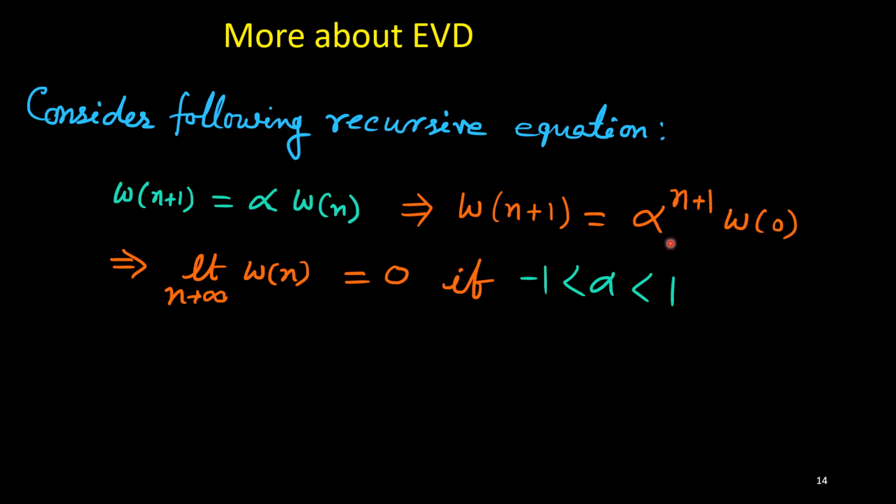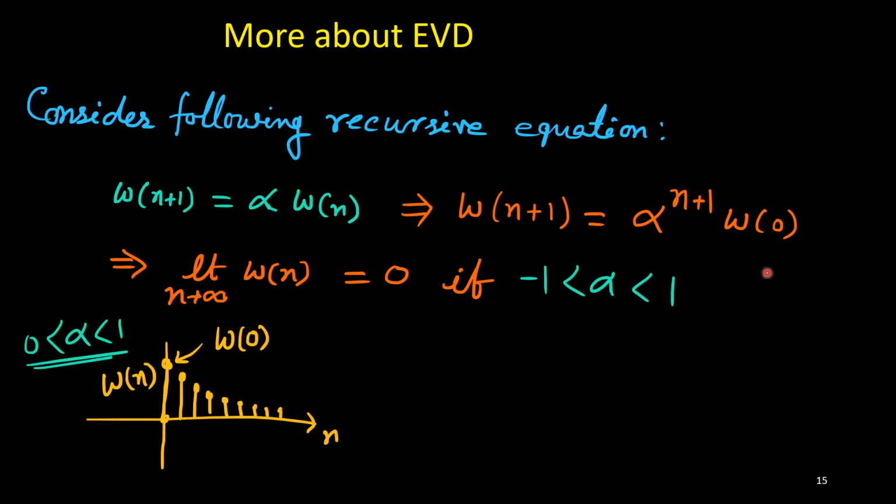This will become 0 if alpha is within minus 1 to plus 1. Then only this power will decay to 0. It could be within minus 1 to plus 1, not only 0 to 1. If alpha is within 0 to 1, then it is decreasing exponentially.